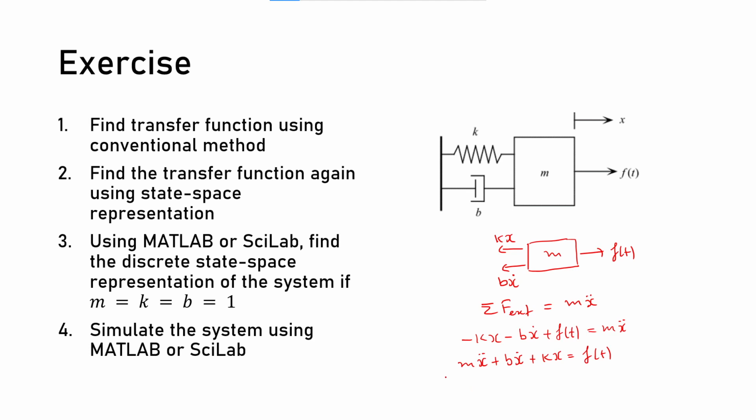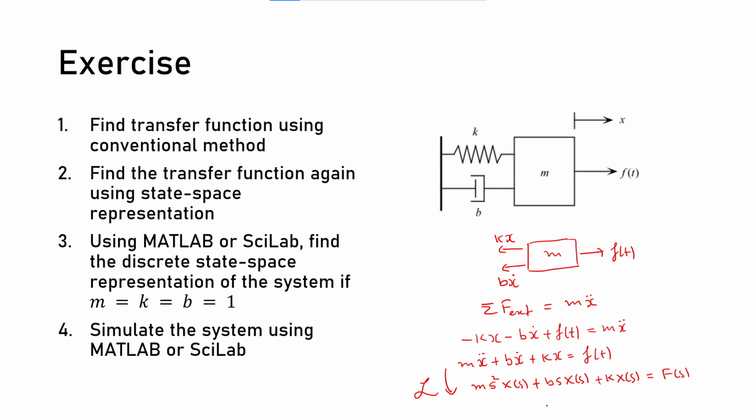Then we can easily apply the Laplace transform to this equation. Then we get m s square H of s plus b s H of s plus k H of s equal to F of s.